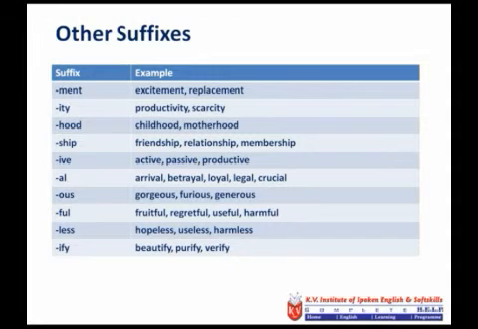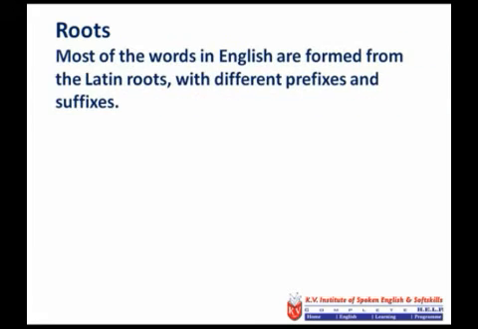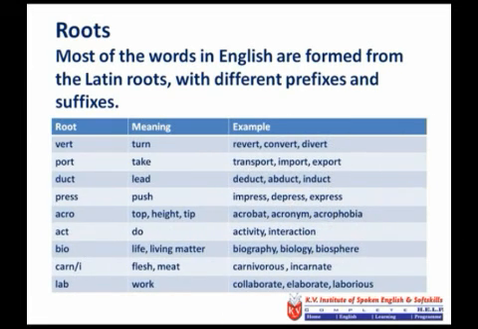Now let's learn something more about roots. Most of the words in English are formed from the Latin roots with different prefixes and suffixes. Let's see some of the roots. Vert means turn. These roots make the words revert, convert, divert.